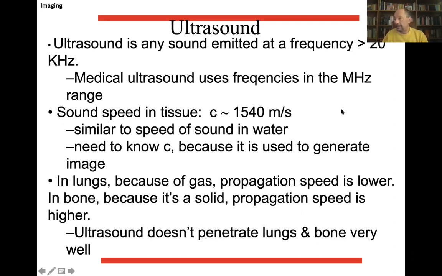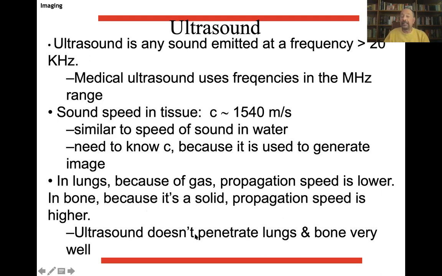The speed, as you know, is about 1500 meters per second, but depends on the tissue, of course. In the lungs, because of gas, the propagation speed is lower. In bone, because it's a solid, the propagation speed is higher.